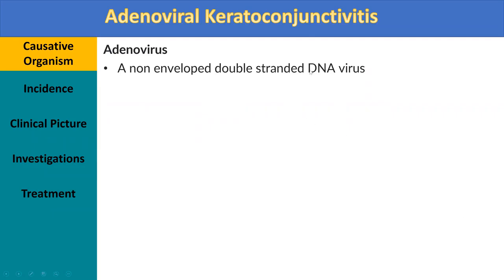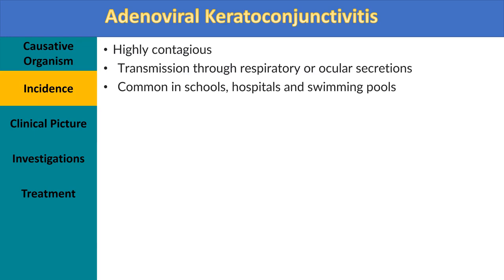It is a double-stranded DNA virus. The incidence: it is very highly contagious. It spreads in epidemics, affecting overcrowded locations like hospitals, schools, and swimming pools. It is also transmitted easily from one person to another by contact with respiratory secretions or ocular secretions. So it is very contagious.